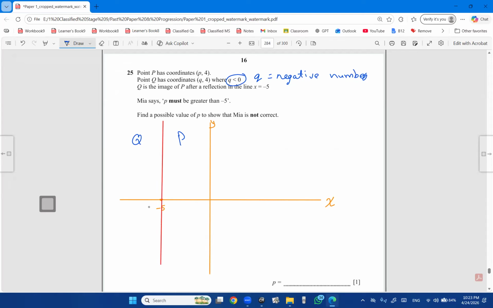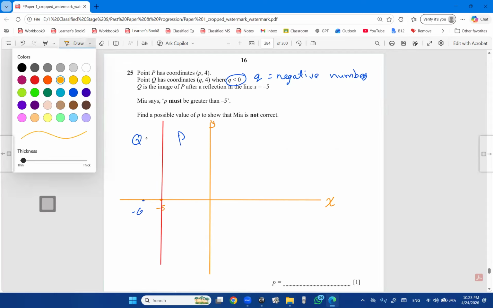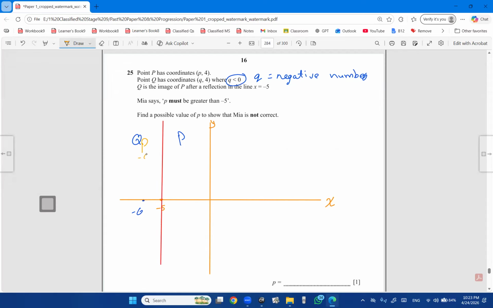Why, mister? Because actually you can have P as -6, for example, over here. P can be at -6, and Q will be over here at -4, and it's still negative. They told you that Q is negative.